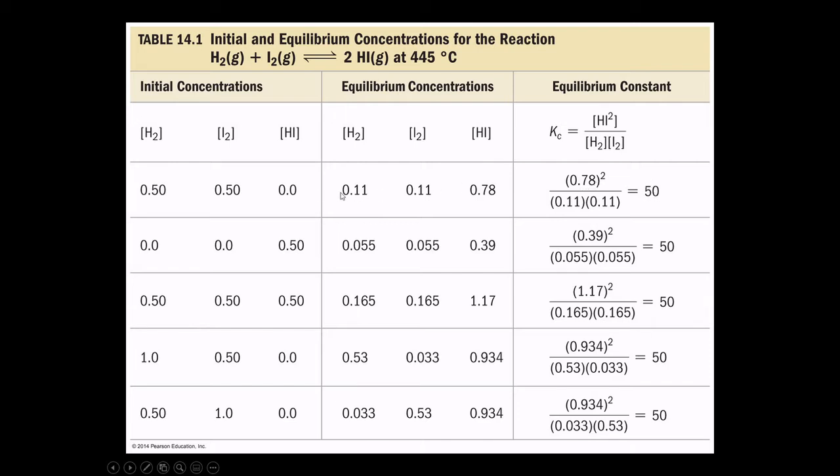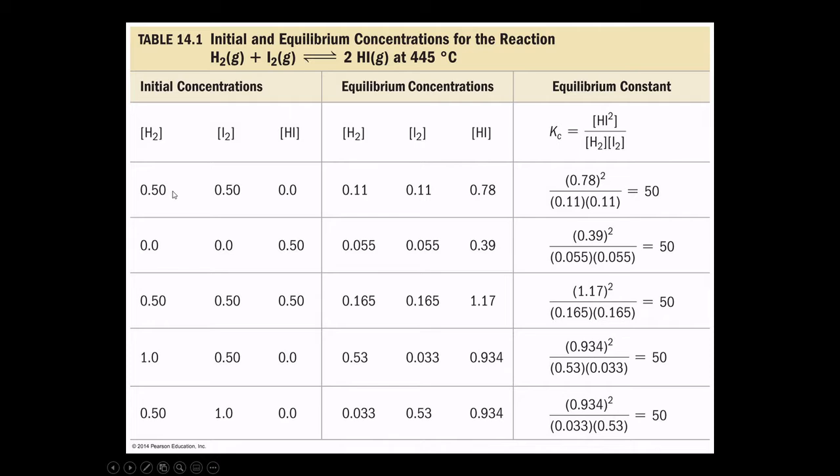And as you can see here, no matter where we start with our initial concentrations, and no matter what equilibrium concentrations we end up at, the equilibrium constant is still going to end up being 50.